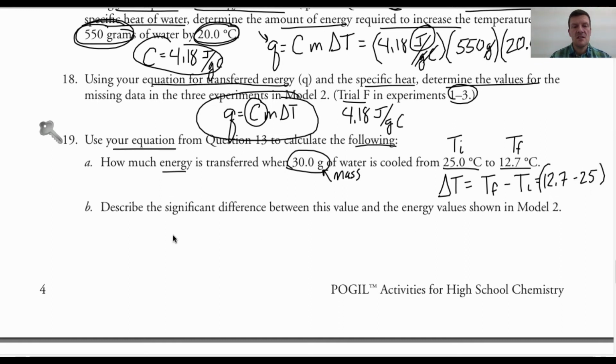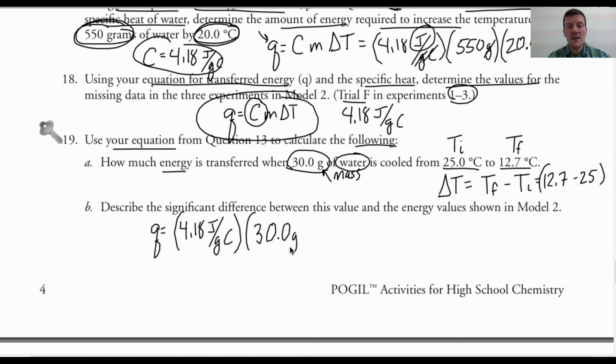So let's write this all out. If we have our energy, Q, is equal to 4.18 joules per gram per degree Celsius. That's the C value, the specific heat for water. We're told that this is water. That's why I'm using 4.18 times the mass, 30 grams, times the change in temperature, which is final temperature minus initial temperature.